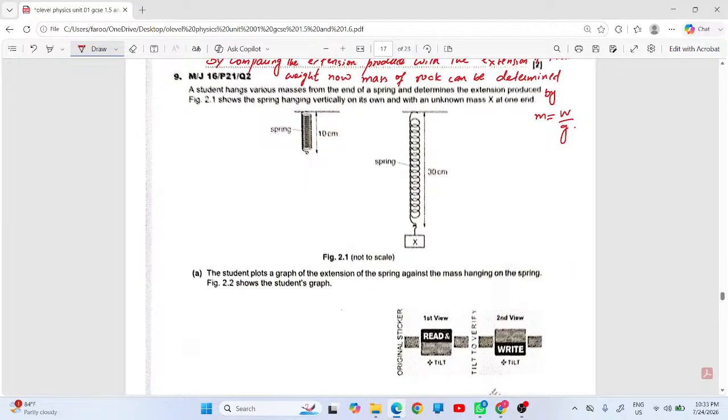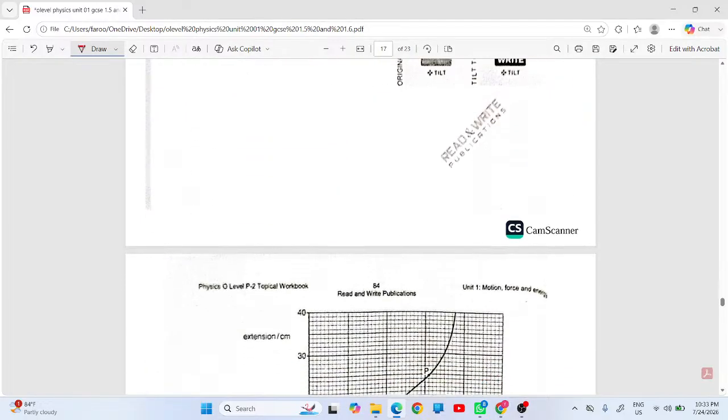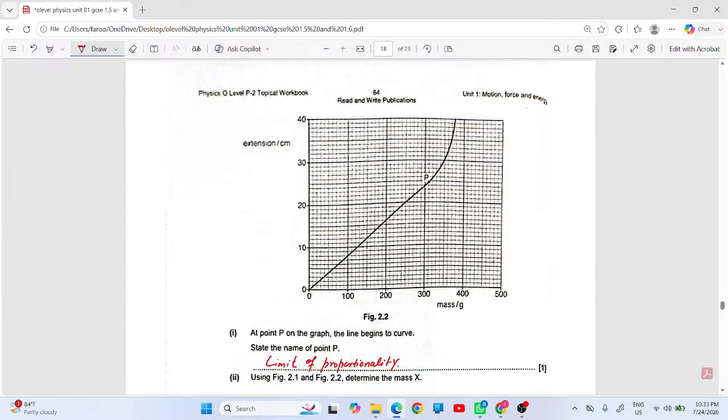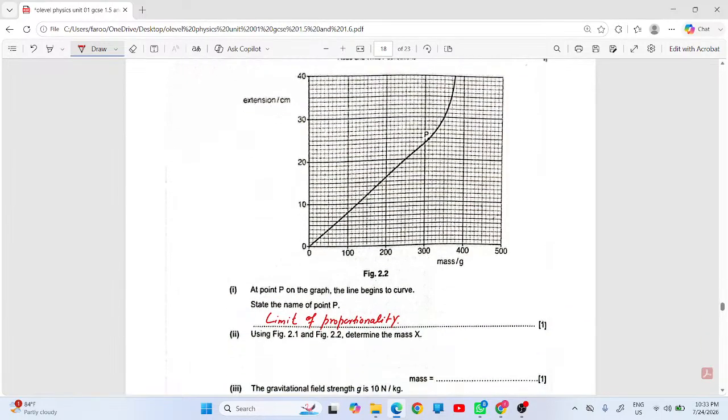Figure 2.1 क्या था? अच्छा. यानी 30 सेंटीमीटर्स पे देखना है. 20 Newton per... 200. नहीं, sorry. 250. जी मैं चेक करता हूँ.